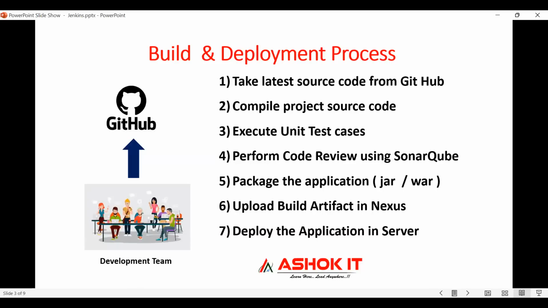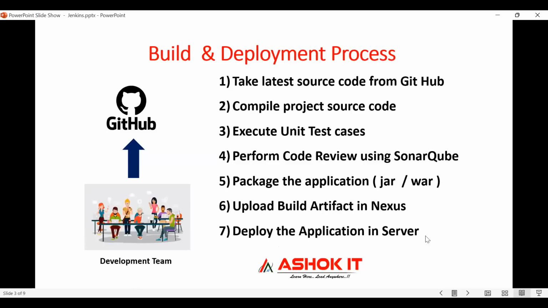Once you write the code, a separate team will be available to perform the operations. Operations means they will do the deployment of the application. In order to do the deployment, there are several steps involved. The DevOps team will perform all these steps to deploy our project into the server.